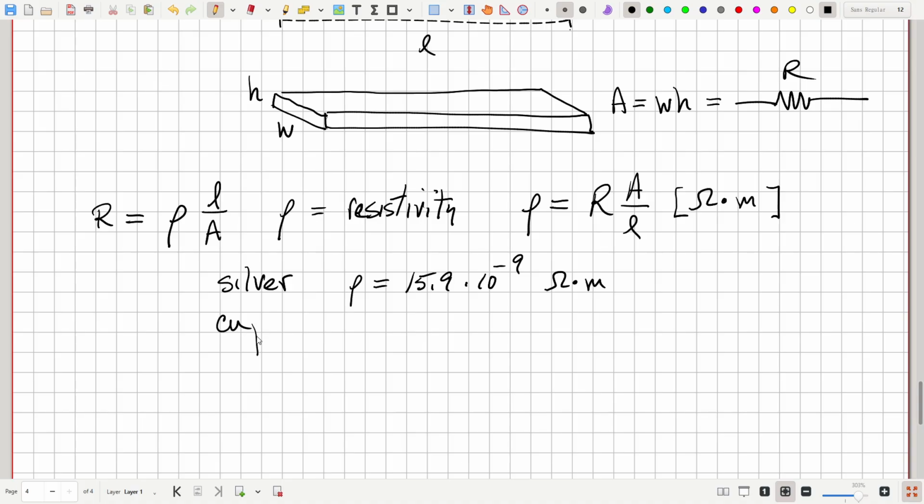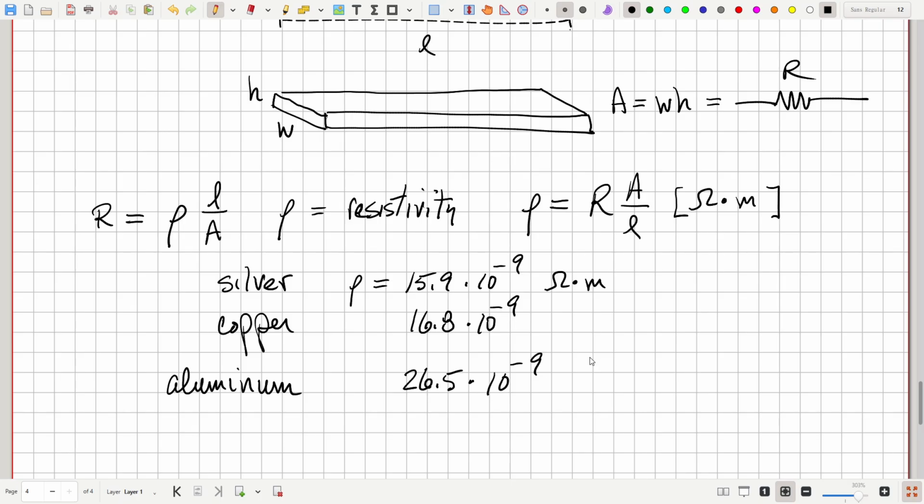Close behind is copper, which is 16.8 times 10 to the minus 9. And another important conductor is aluminum, and that value is 26.5 times 10 to the minus 9. So that's quite a bit more resistive than copper.